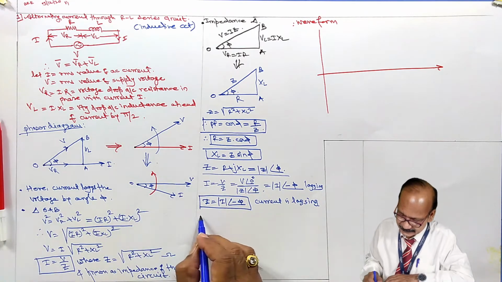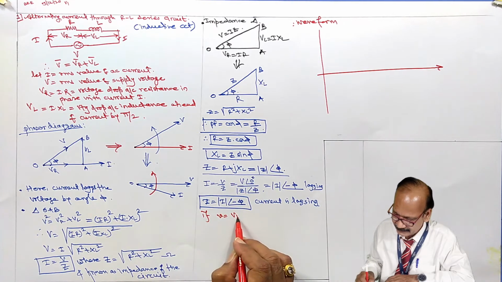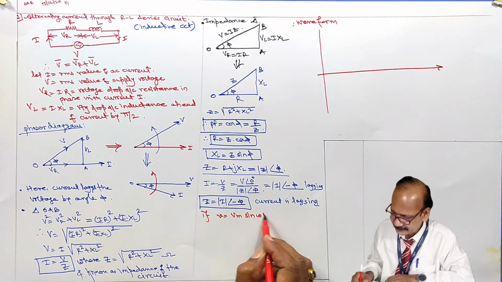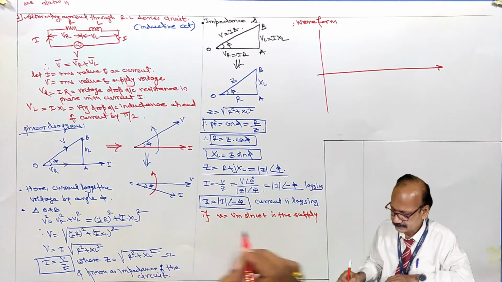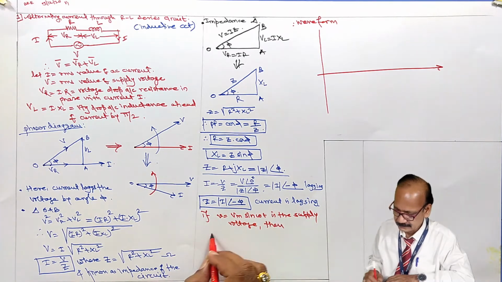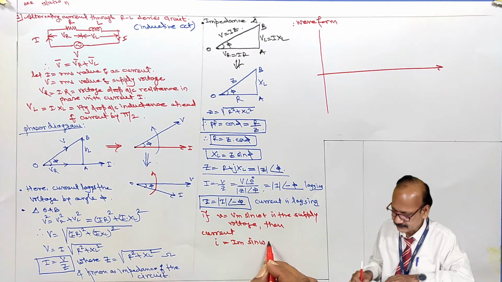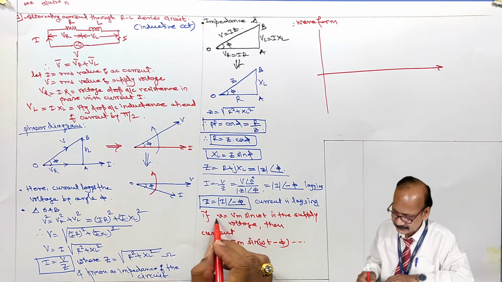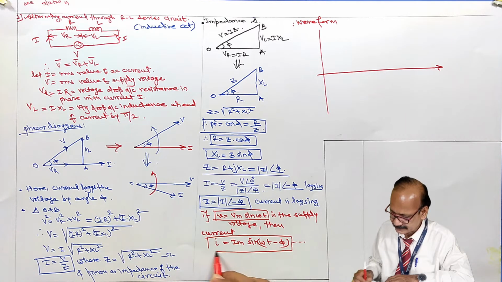Now from this, if v equal to V max sin omega t is the supply voltage, then current small i equal to I max sin omega t minus phi. So this is the voltage equation and the corresponding current equation is this one.